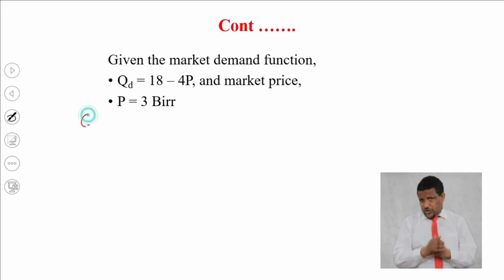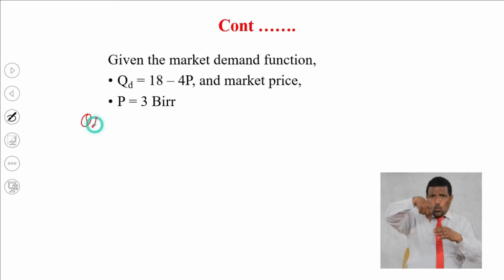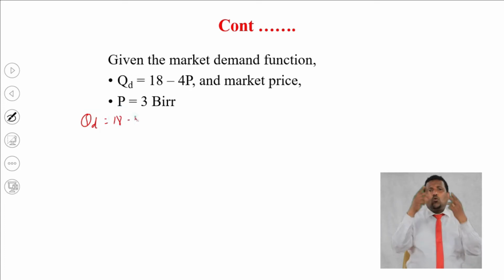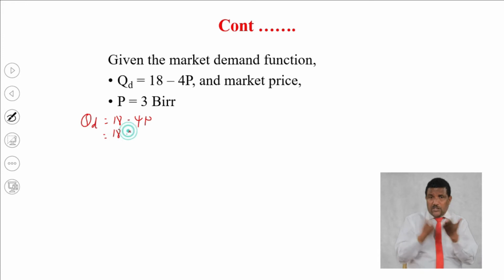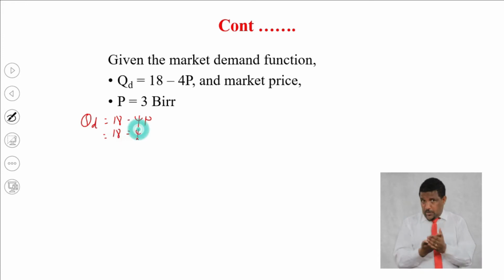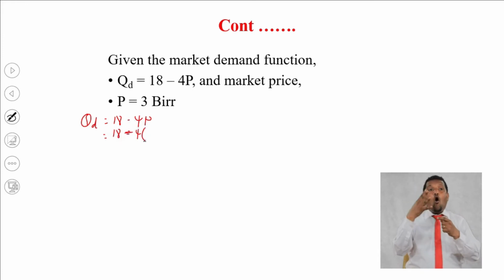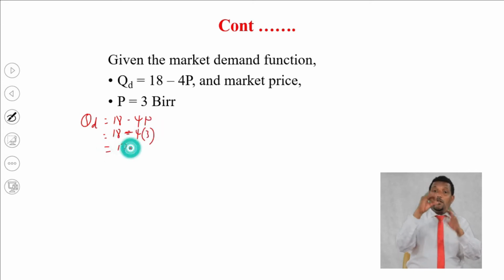That is Qd equals 18 minus 4P, and when we substitute the given price of 3 birr, this is 4 multiplied by 3, which is 12, so 18 minus 12, and the initial quantity is 6.